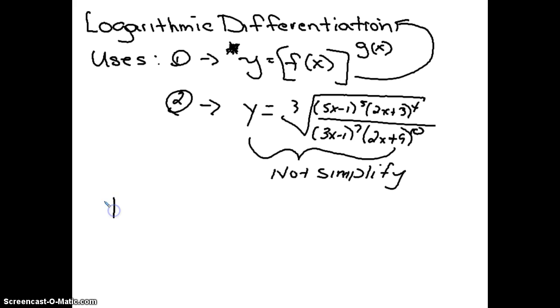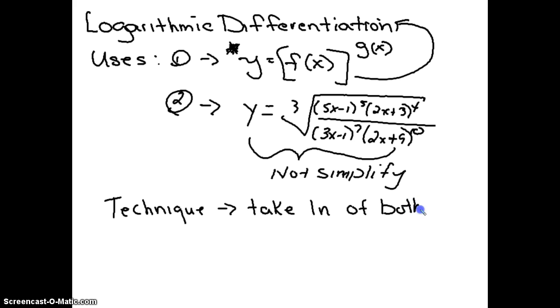So the technique is to take the natural log of both sides. So you take the ln of both sides of the equation and then differentiate. It's as simple as that.